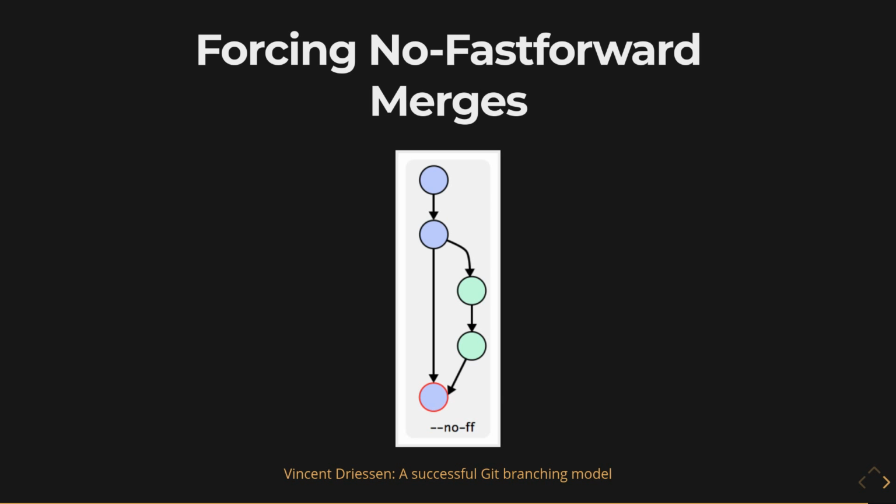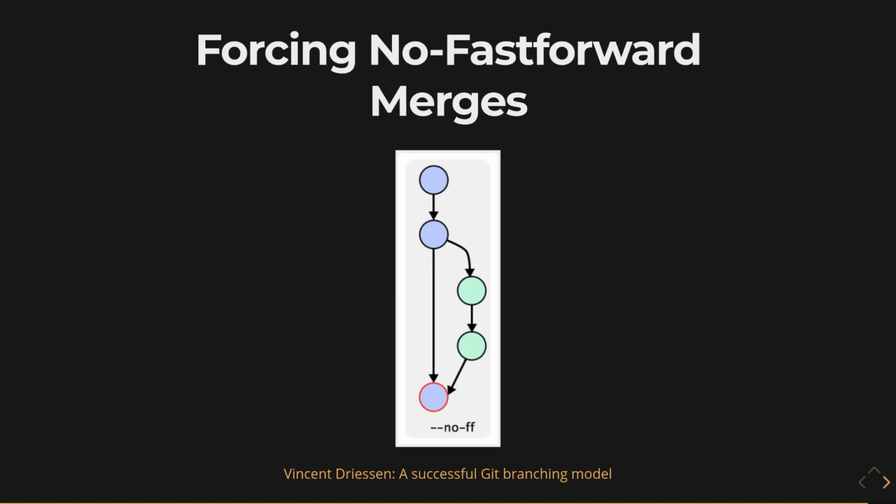And if you merged feature into master, you might expect just the master branch to move to the second of those green commits. But if you merge with the no fast forward flag, you can force the creation of a merge commit anyway, in which case that merge commit will be identical to the second green commit.